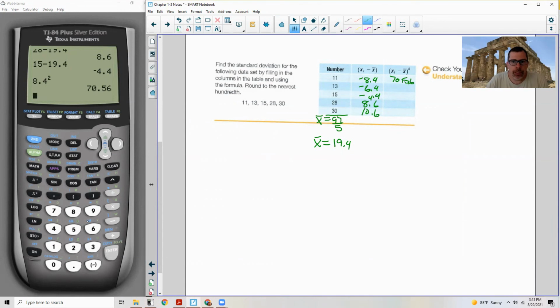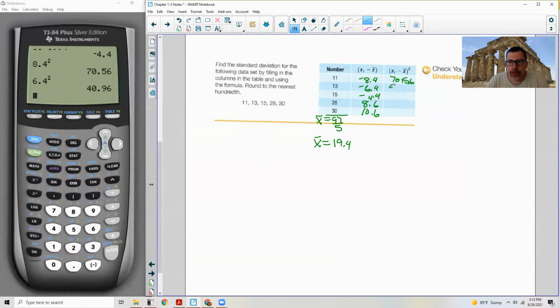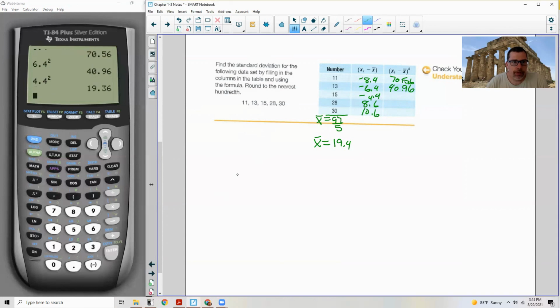This is going to be 6.4 squared, which is 40.96. 4.4 squared is 19.36. 8.6 squared.